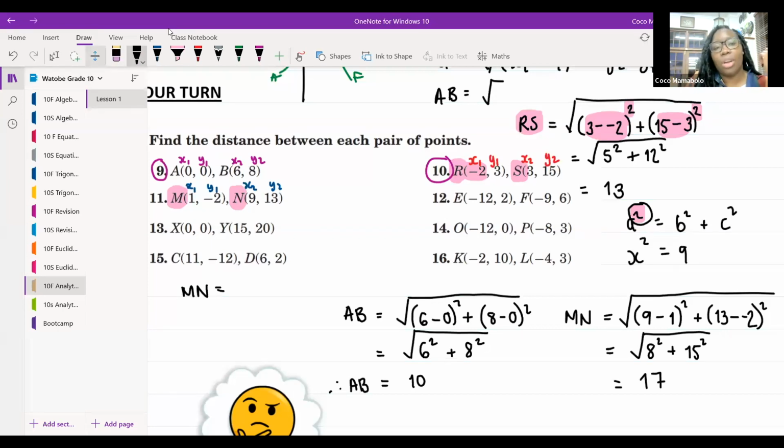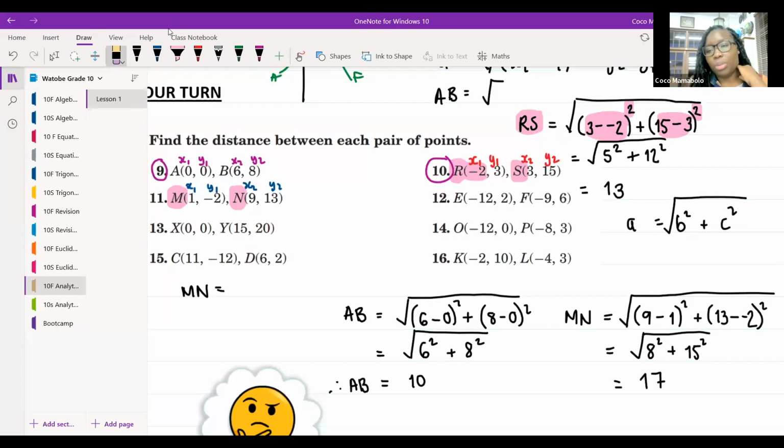Good. So now if we look over here, Nolwazi, I've got a squared. How do I get rid of this a squared? I need to find the square root. Good. So I would find the square root of this side and of this side. So this one will cancel. Therefore, a is equal to the square root of this side. And this is what we actually have in the formula.